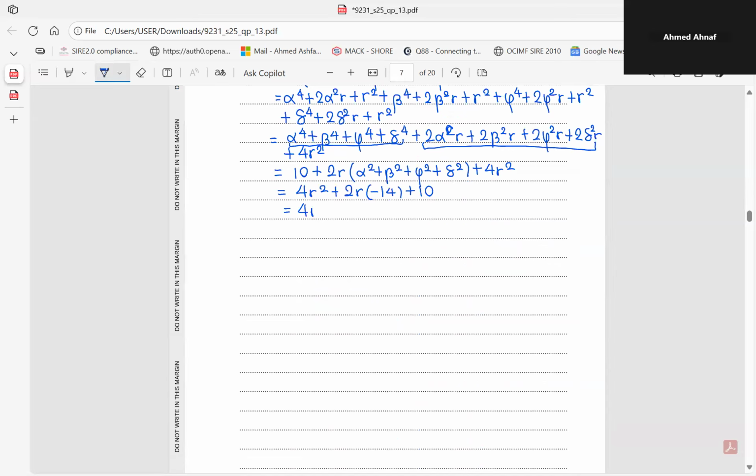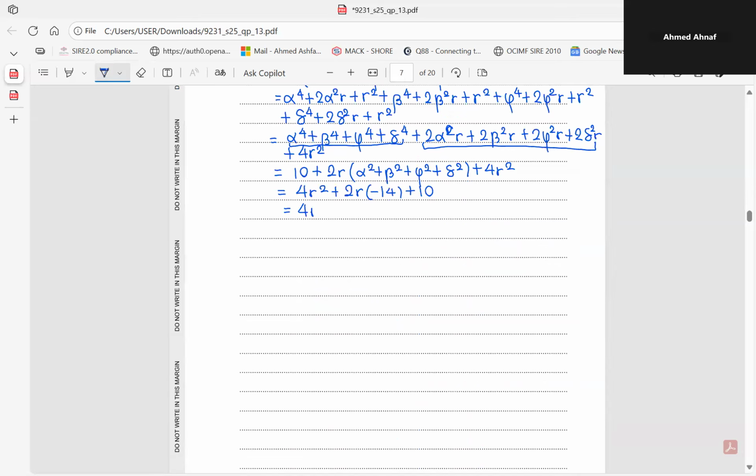Now we can substitute into the summation formula. So this is from r equals 1 all the way to 10, 4r squared minus 28r plus 10. As you can see, our question explicitly told us to use our standard results from our MF19 to find the value.